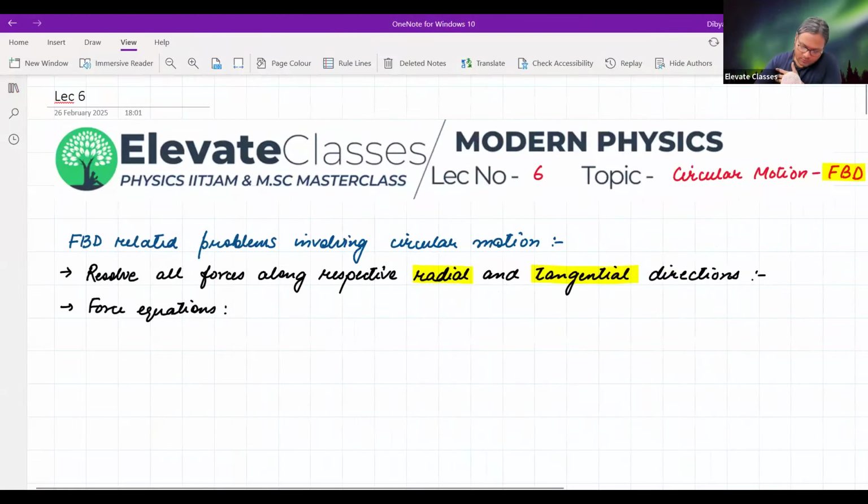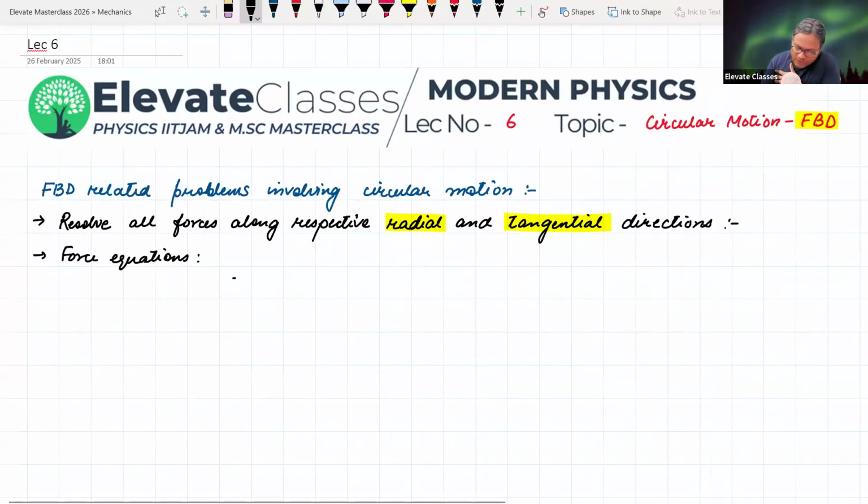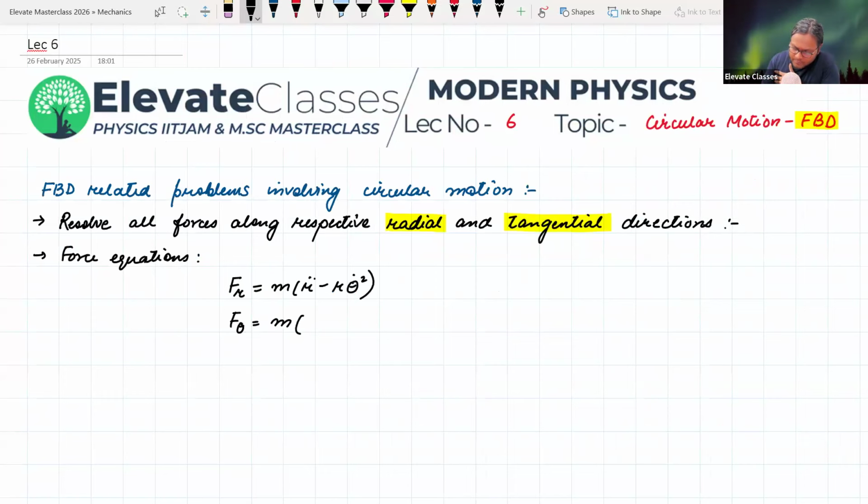Okay. And you have to keep in mind कि इसी को हमें use करना है, कोई दूसरा नहीं use करना. So Fr is equal to m times (r double dot minus r theta dot square), and F theta is equal to m times (r theta double dot plus 2 r dot theta dot). Very important. ठीक है?